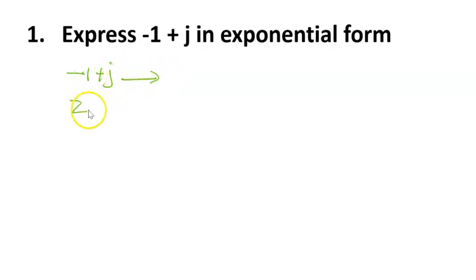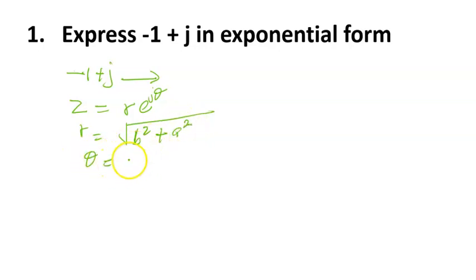Remember, in our last lesson we said that our exponential form will come in this form: z equals r e raised to power j theta, where our r is the square root of b squared plus a squared, and theta is the angle in radians, which comes from the tan inverse of the imaginary part, b, over the real part, a.